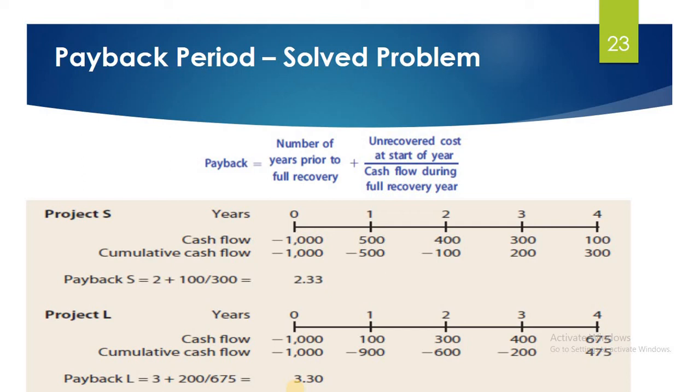So, if the maximum acceptable payback period is 3 years, project S should be accepted and project L should be rejected as it crosses the maximum acceptable payback period. So in this case, whether these projects are independent or mutually exclusive, only project S should be accepted.